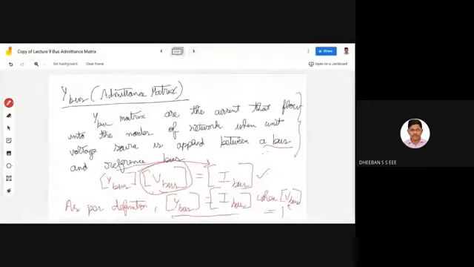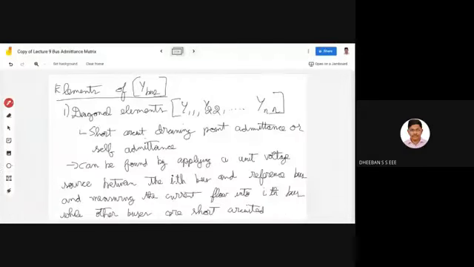What you can infer from this Y bus matrix is that the diagonal elements are called self admittance, and they correspond to the respective bus. It is also called the short circuit driving point admittance. So you should just have an idea about how you can find this.